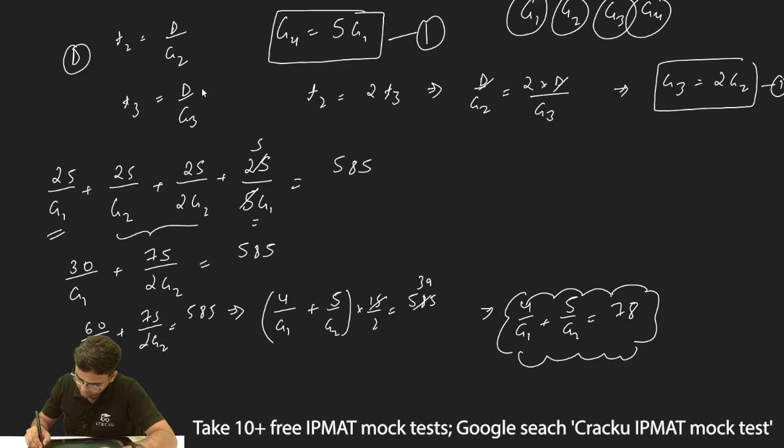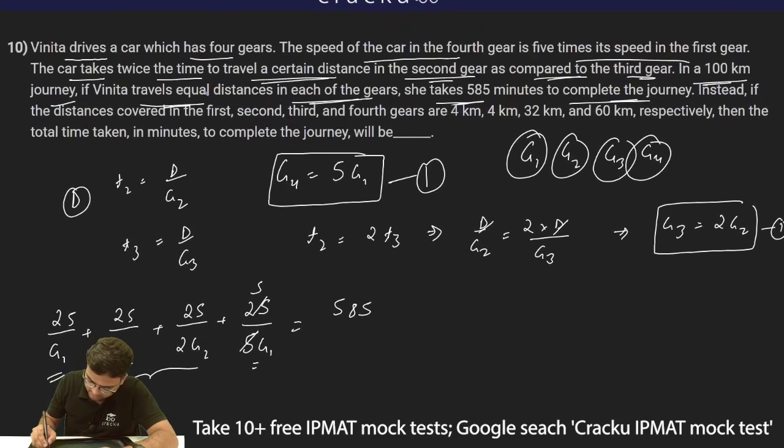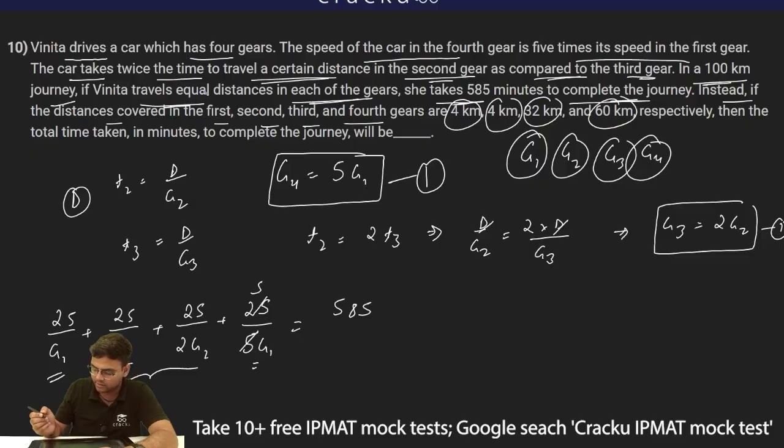Now let's solve the last part of the question. It says that instead of covering equal distances in the first, second, third and fourth gears, if it was 4 km, 4 km, then 32 km and then 60 km respectively in each gear, what is the time taken in minutes to complete the journey? So we have to find the time taken in this particular case.